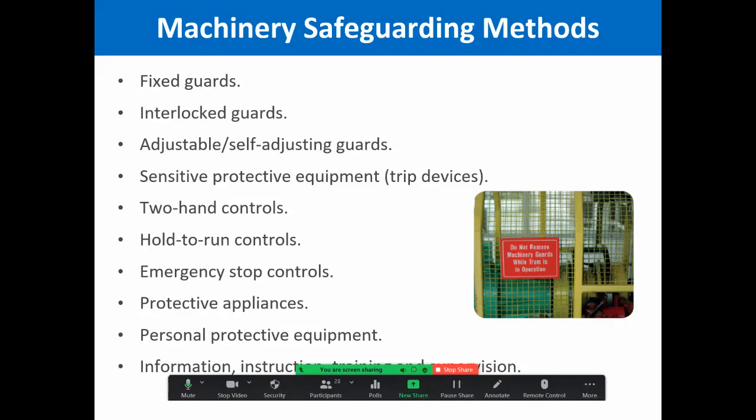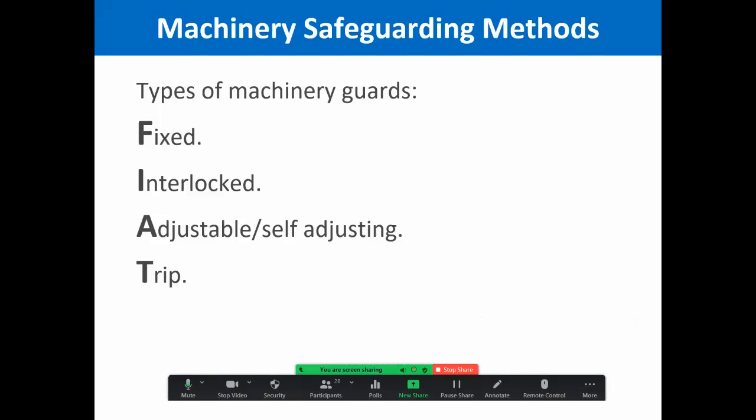Okay, then there are two-hand controls which will only operate if you operate them with two hands. Hold-to-run controls are there, emergency stop controls, and protective appliances can be used as well sometimes. Finally, personal protective equipment. So all of these are things which we can do to protect people against the mechanical hazards.